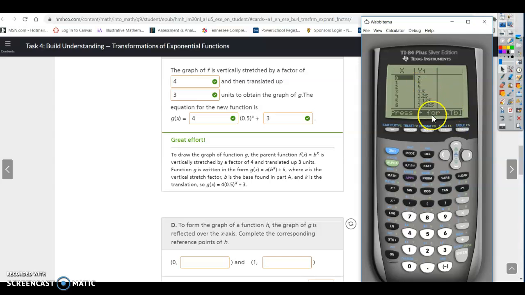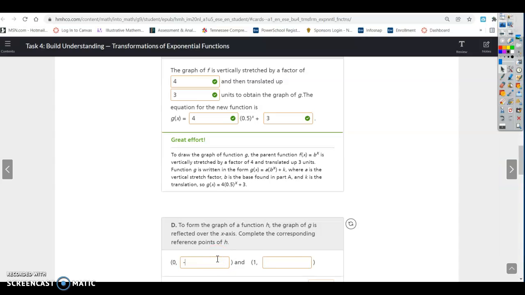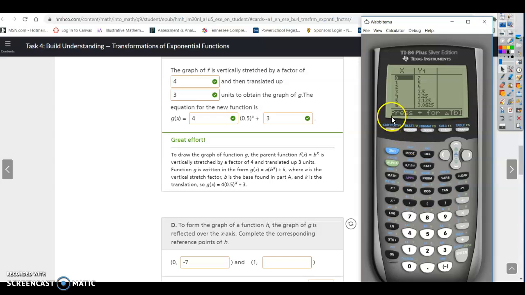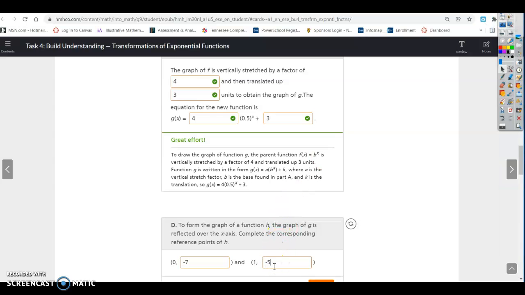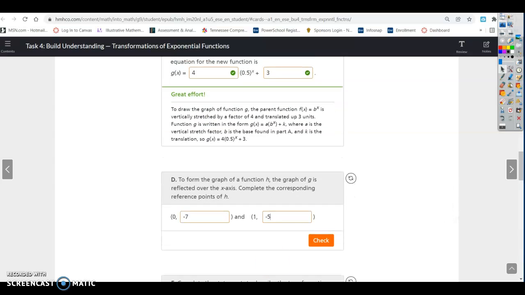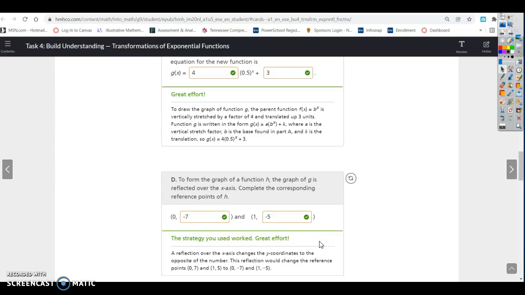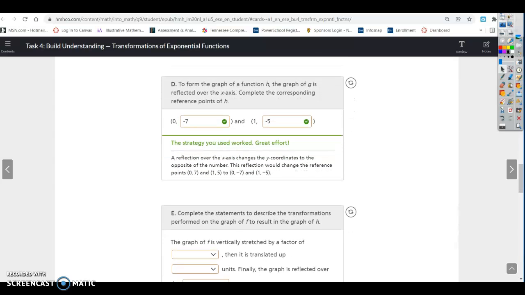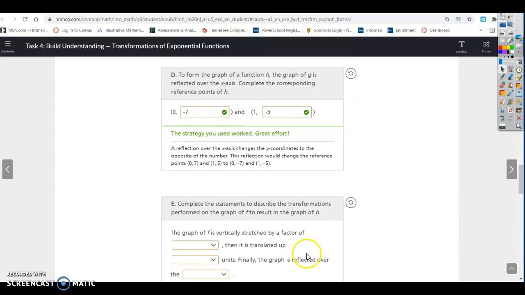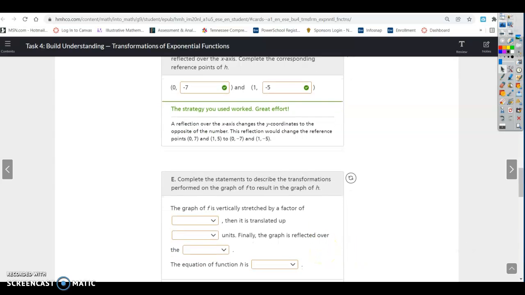It's 0, 7. So our new reference point is going to be 0, -7. And this point here is going to go from 1, 5 to 1, -5. So all we're doing is reflecting g across the x-axis. And again, I like to visually look at that, and using your calculator to find those reference points just makes it a little quicker and easier.